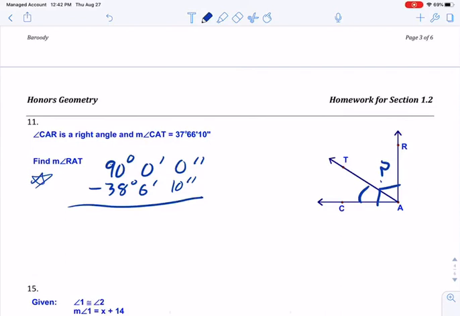So now I can borrow. So I'm going to take 1 degree, turn it into minutes, and then take one of those and turn it into 60 seconds. So if I subtract, that's 50, 53, 1, 2. Okay.